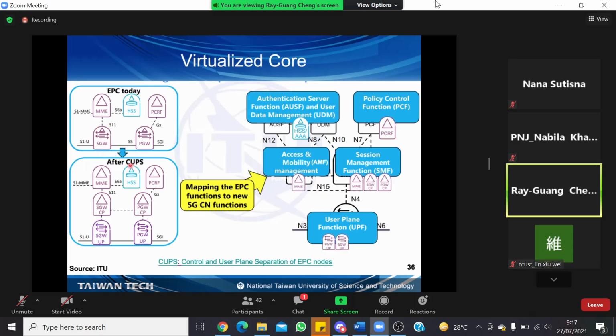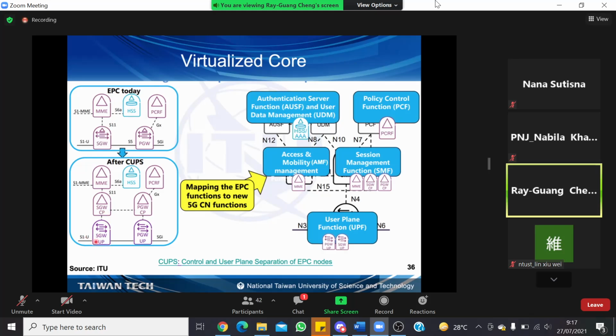CUPS separates the control plane and the user plane. They do control plane and user plane separation. So they try to split the control information. MME is already control information only, but the serving gateway contains both control information and user plane information.